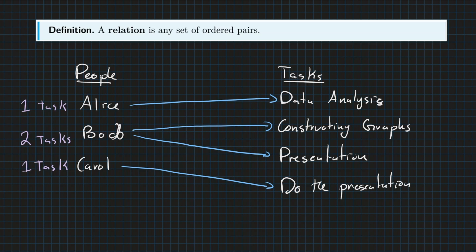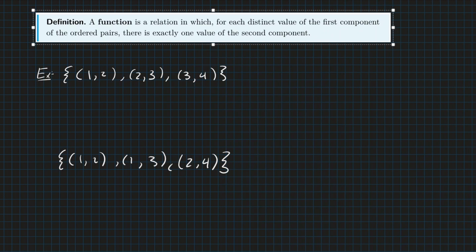This is an example of a relation, but it also demonstrates that there's an issue going on here. Bob is not going to be happy with getting twice as much work as another person. So that issue with Bob being unhappy with twice the work goes into the idea of a function.